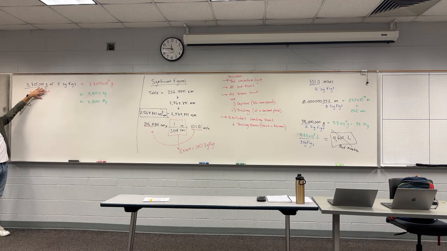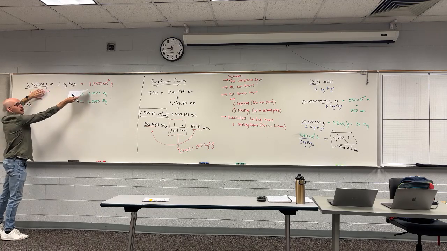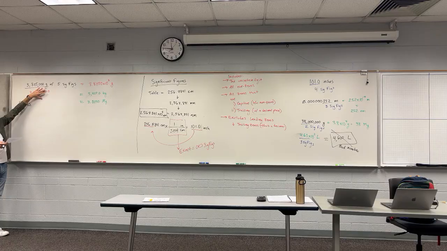Or if my unit is locked, I'm not allowed to change my unit, then I need to write it in scientific notation in such a way that the number I got on my calculator is written with the right number of sig figs. So I don't think you'll be handed a question that says, write this number with this many sig figs. Instead, you have to do that with the calculations you get. Okay.